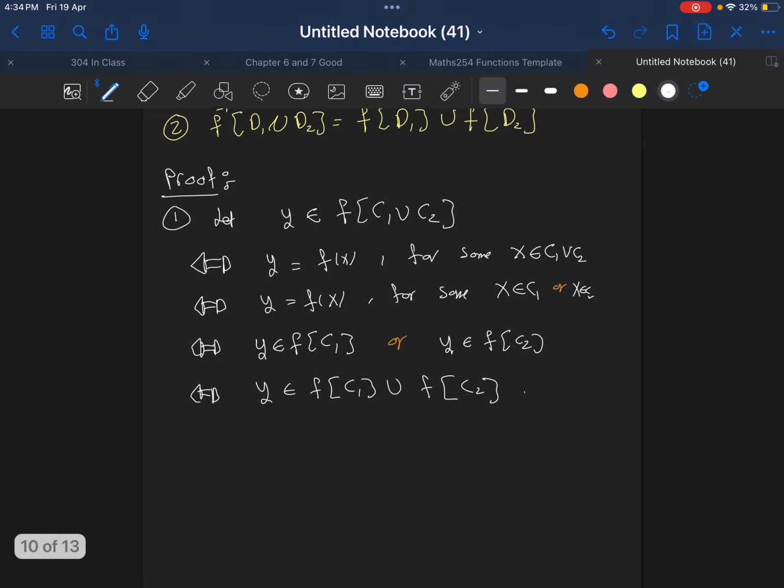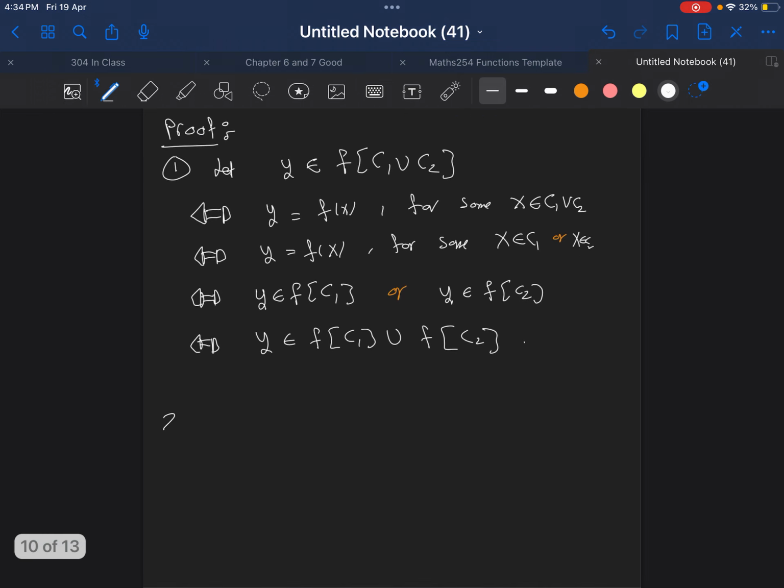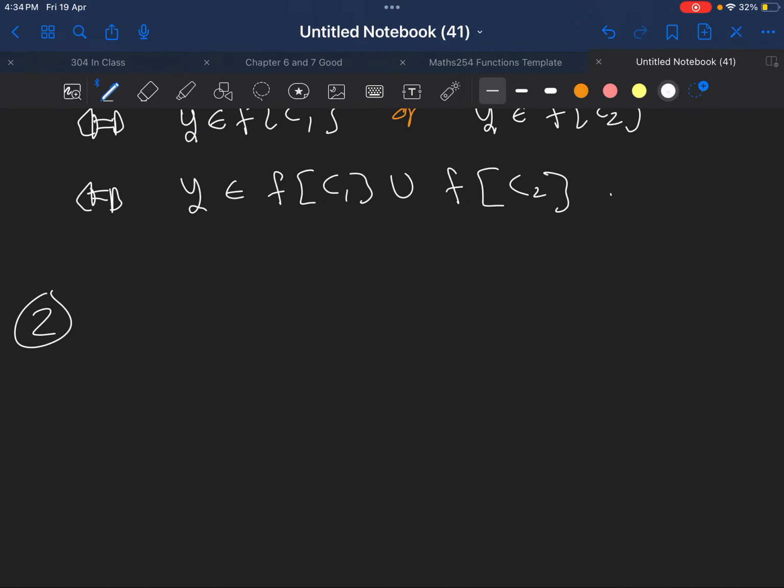Next is the union for the inverse image.